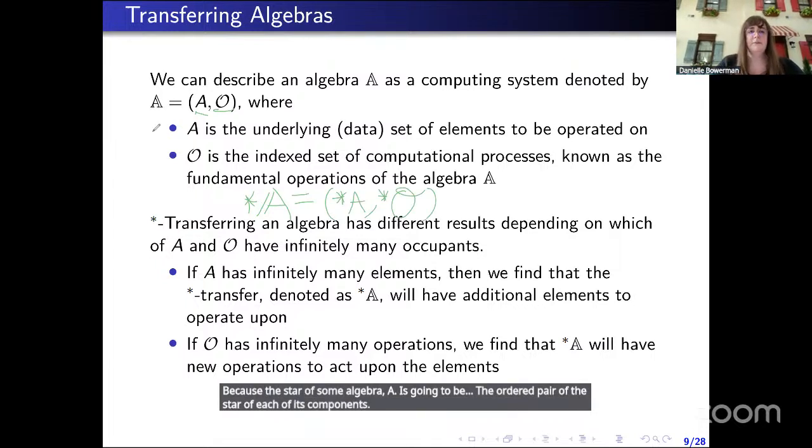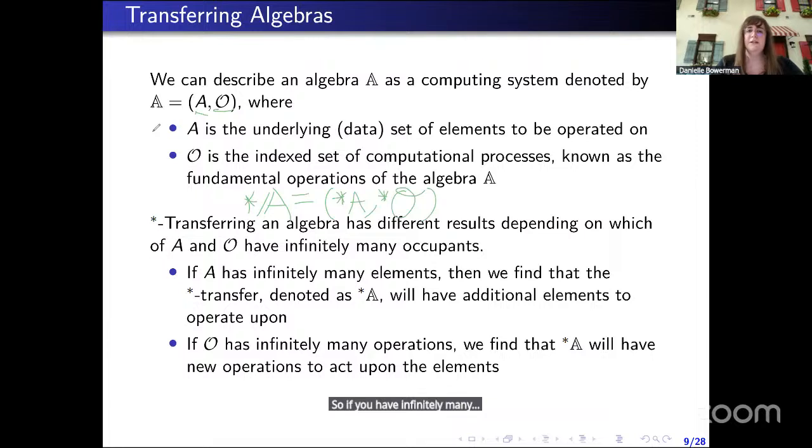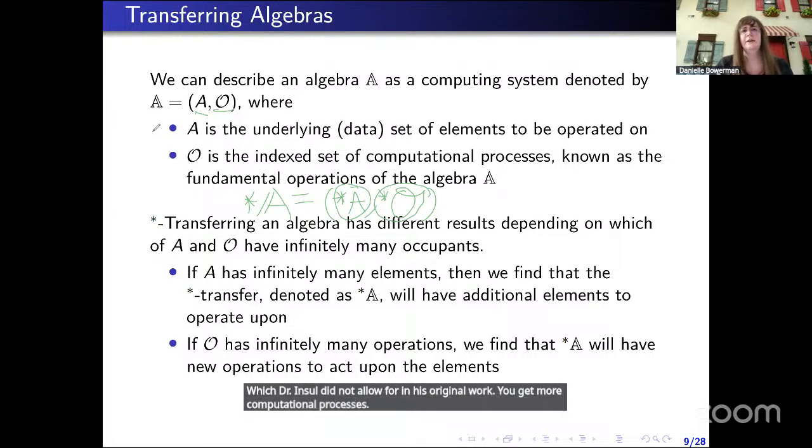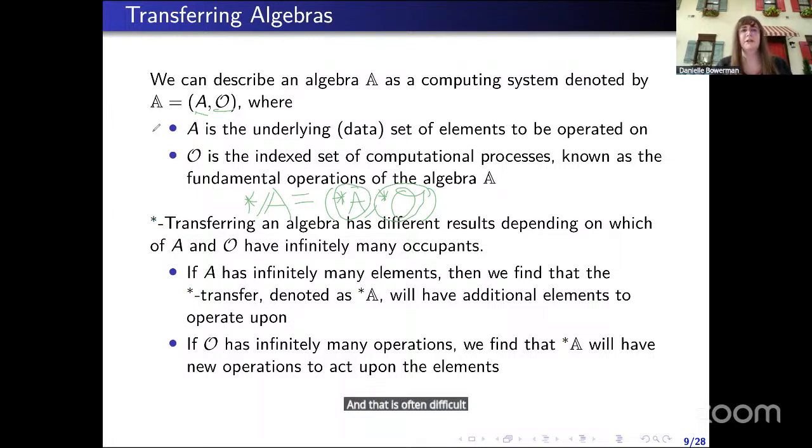So if you have infinitely many data points, you're going to get more in here. If you have infinitely many computational processes, which Dr. Insall did not allow for in his original work, you get more computational processes. And that is often difficult to work with because that means you'll get new properties and new sentences that are true in the internal setting.